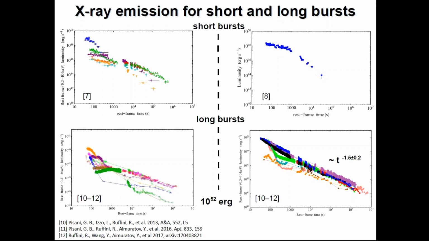there is some feature which distinguishes the one which has a common behavior from the one which doesn't. In particular, the one which doesn't have it at all, there is no special feature, and they lose energy, but there is no special feature.